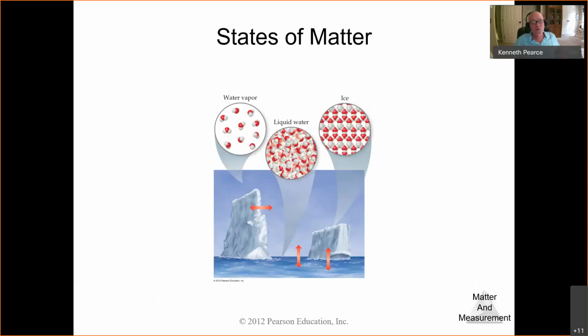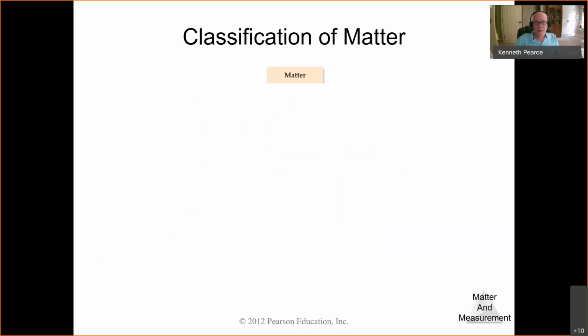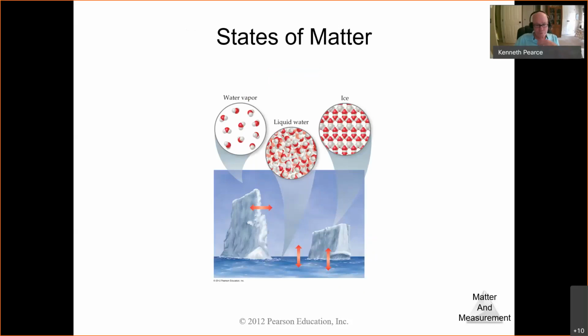Now, there are just 3 states of matter. You have solids, you have liquids, and you have gases. 3 states. Okay, and I know some of you might be thinking, well, what about plasma? I've heard plasma is a 4th state of matter. Well, plasma is a gas.